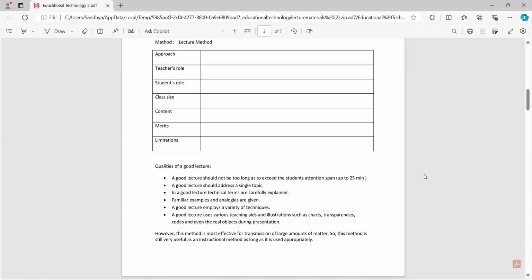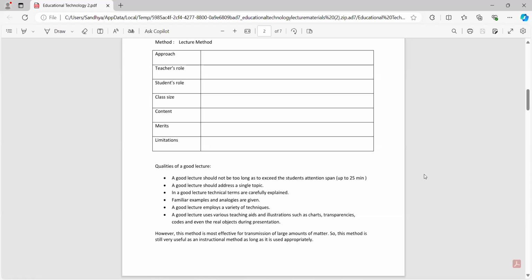Then, if you're conducting a lecture, you have to make sure that your lecture is very clear. Technical terms, terminology, everything should be well explained, because your students will not engage in interaction. So make sure that it's very simple and clear. To make it clearer, you can use examples and comparisons or analogies to make the lecture effective.